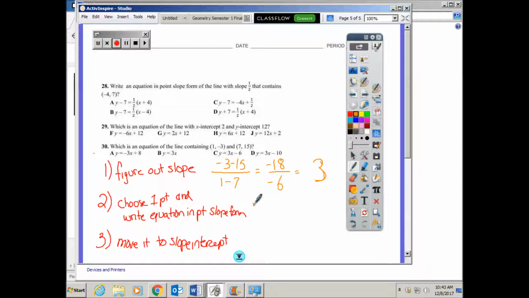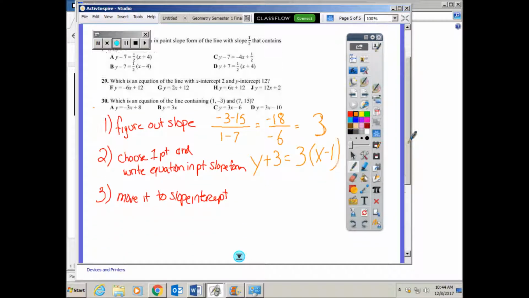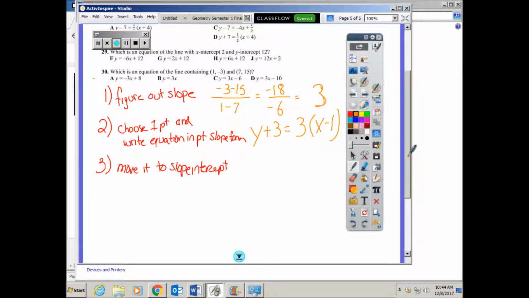So I'm going to use the first point. y plus 3 equals a slope of 3, x minus 1. y minus y1, but y1 is -3. So y minus -3 is y plus 3. Now I need to move it into slope-intercept form.